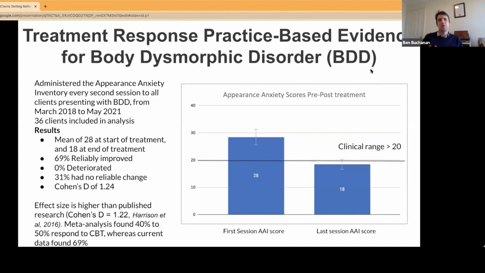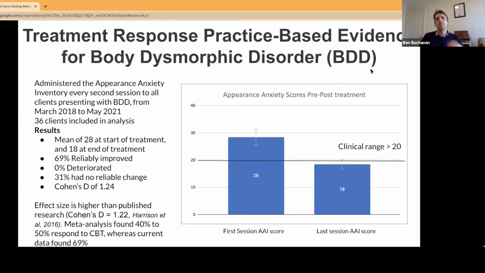And I think this is a really important process for all psychologists to do: firstly to figure out a niche, but then also gather data to see, hey, am I being effective? And what I found was that 69% of the people that saw me for BDD had reliable improvement.